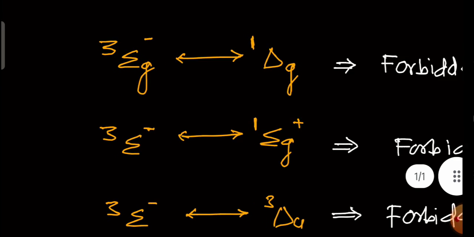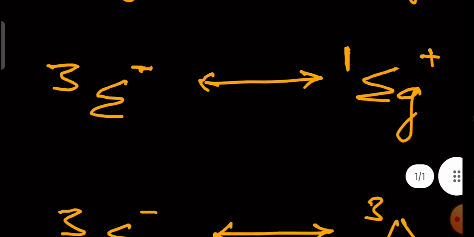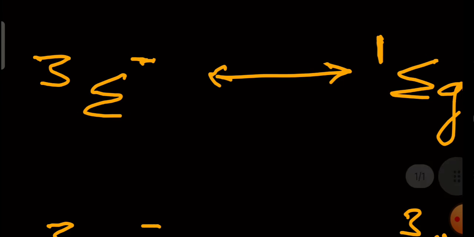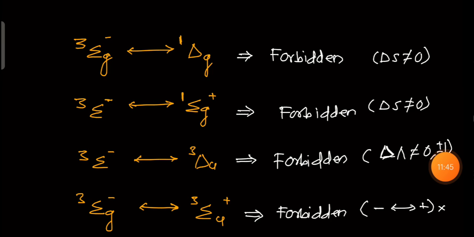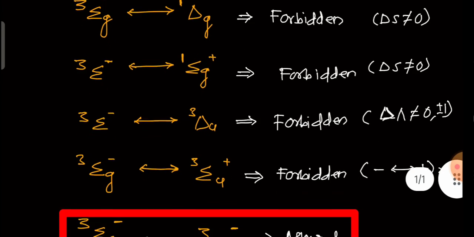So you can see that here the transitions are given. First is forbidden, second is forbidden due to the spin, third is forbidden due to delta, fourth is forbidden due to the sign.